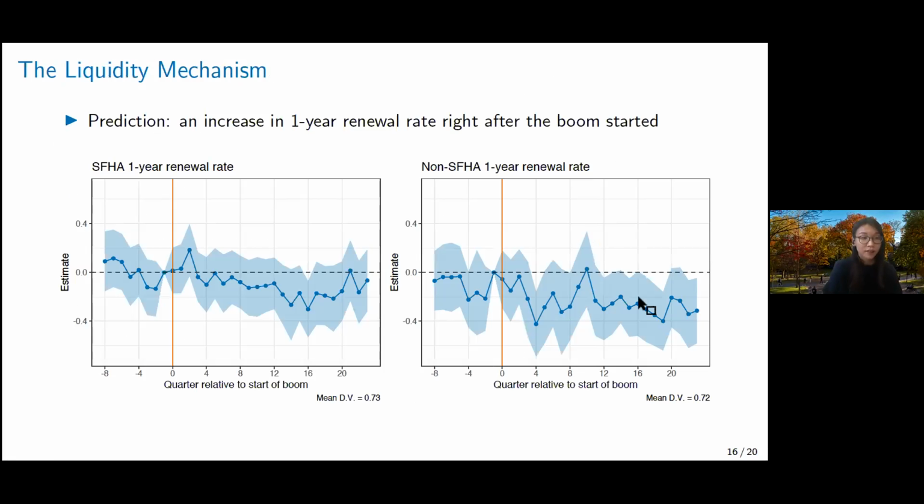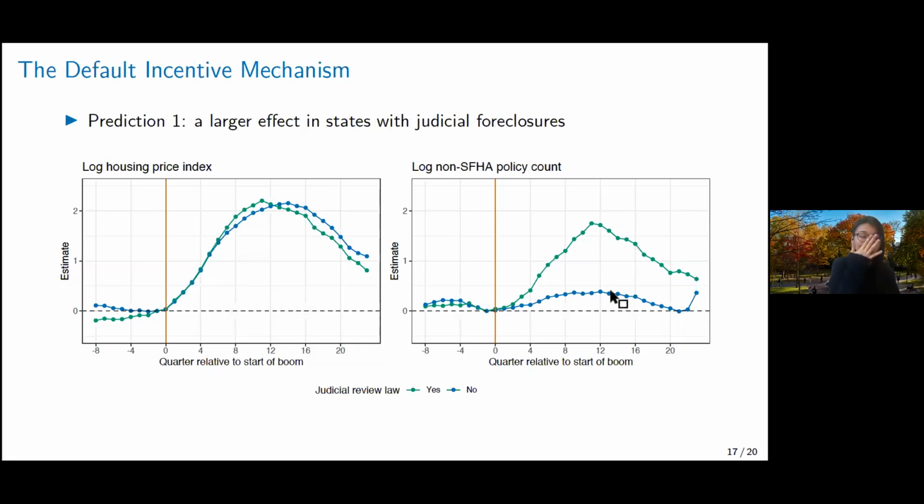Okay, so on the first prediction of the liquidity mechanism, we see essentially that there has been not a lot of change in the one-year renewal rate for either SFHA or non-SFHA policies. So this is not consistent with this mechanism being a main mechanism.